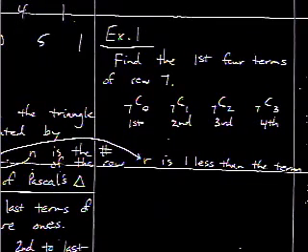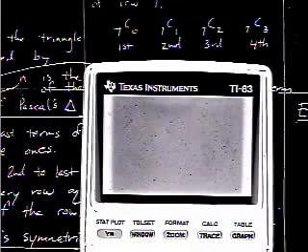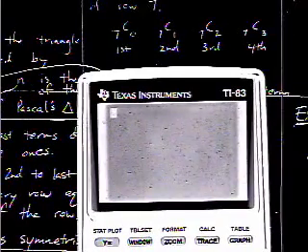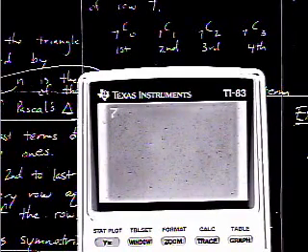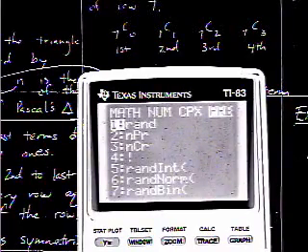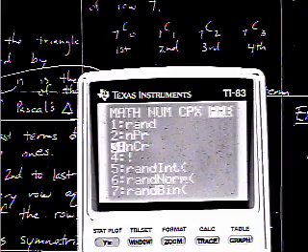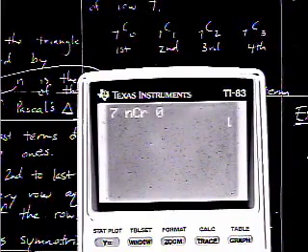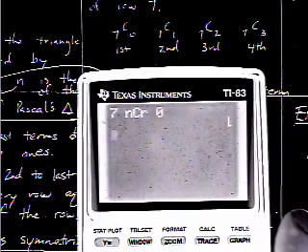So 7 choose 0. If you've got your calculator, go to math, over to the probability section, third one down, nCr 0. Well, we knew that was going to be a 1 because the first term of every row is a 1.